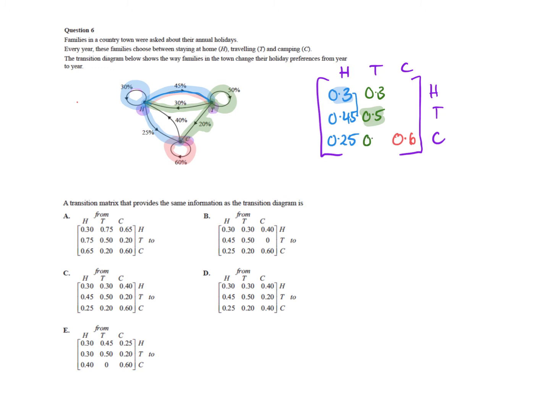Just doing the last one now, I want to go from C to H, which is 40%. And because that is already adding up to 100, this must be 0, and there's no other line, so that makes sense. So which one is this in our multi-choice? I think it's B. Is it? Yep.